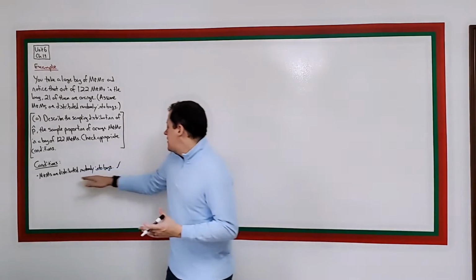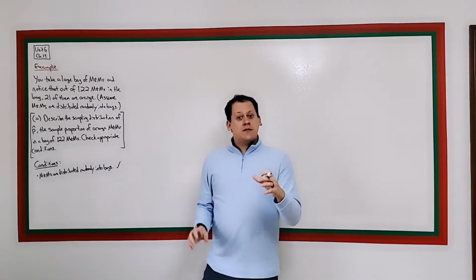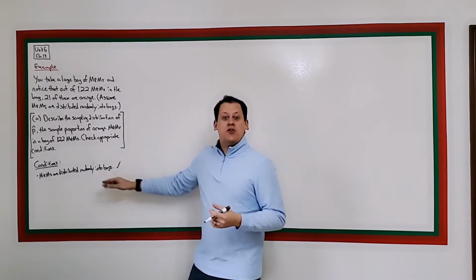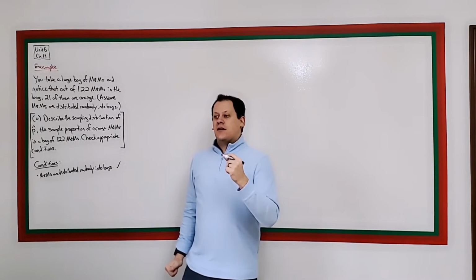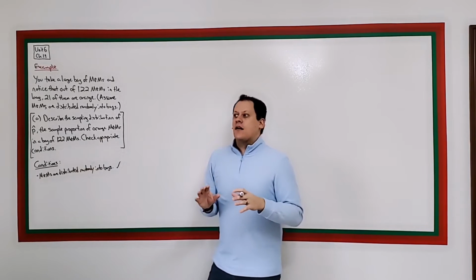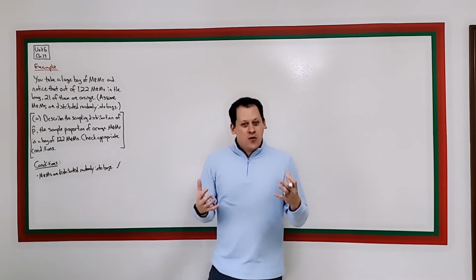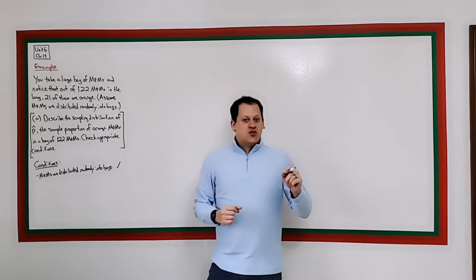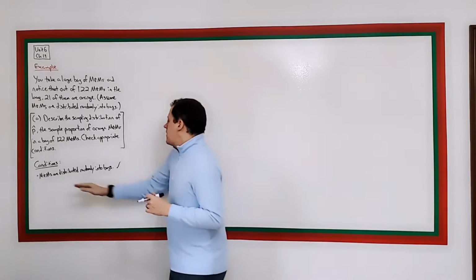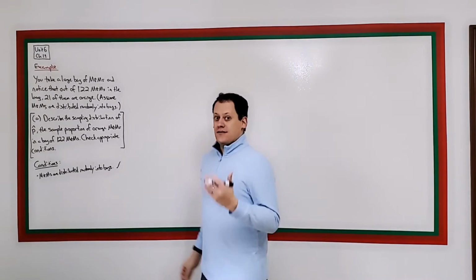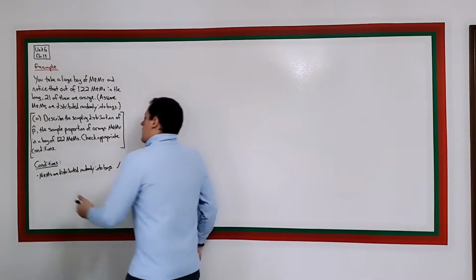So for the randomization condition, you can put randomization, M&Ms are distributed randomly into bags. You need to explain why each condition is met, not just list them and check them off, right? So you need to explain the randomization condition, not just put randomization check, right?